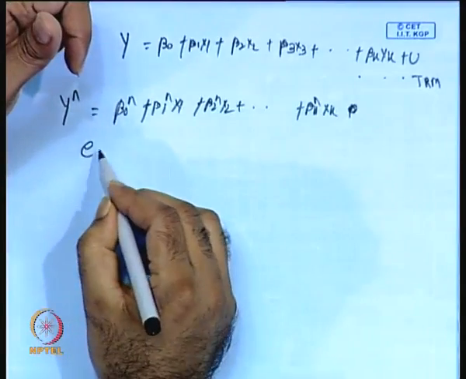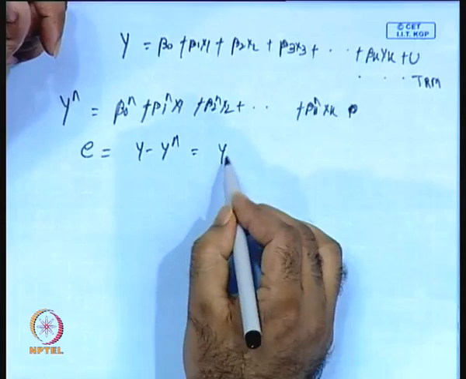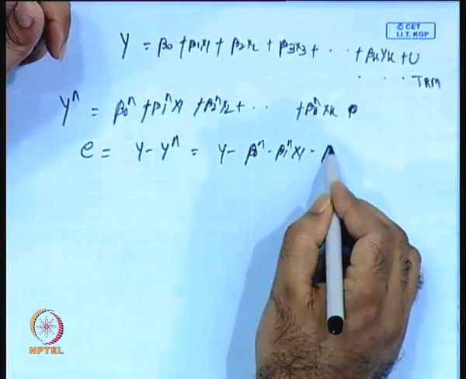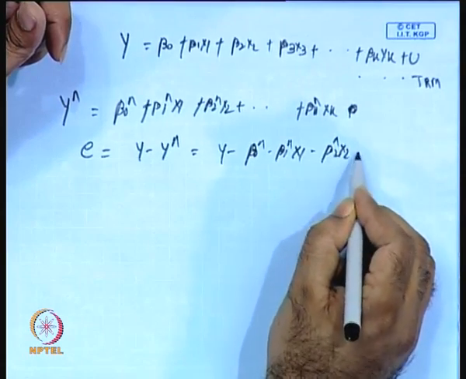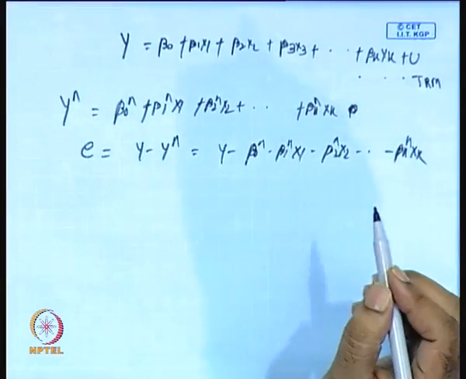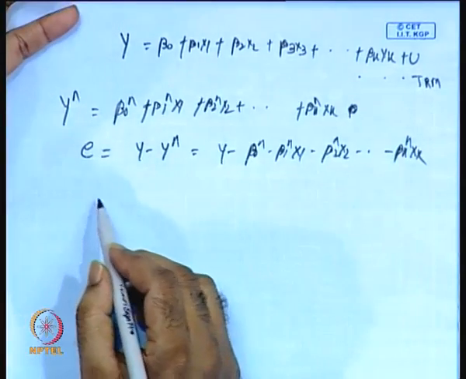So we have an original regression model, then we assume an estimated model, and by taking the difference we get the error component. So error is the difference between y and y head, which is nothing but y minus beta 0 head minus beta 1 head x1 minus beta 2 head x2, minus beta k head xk. Now what do we have to do here?